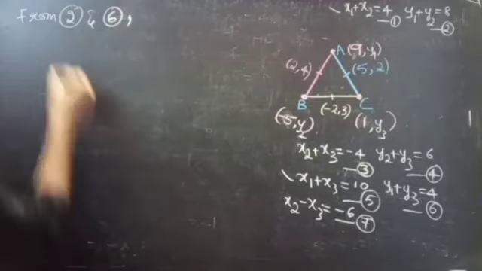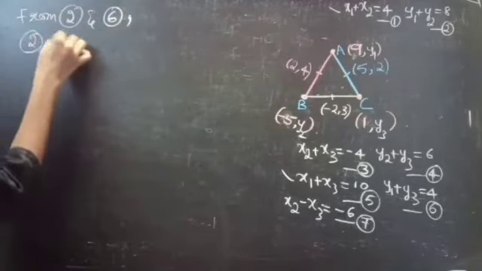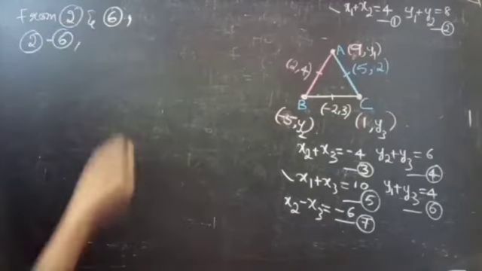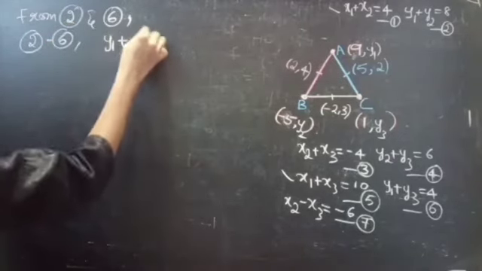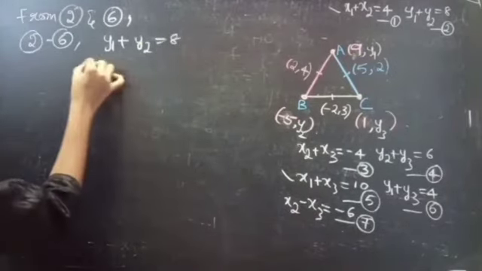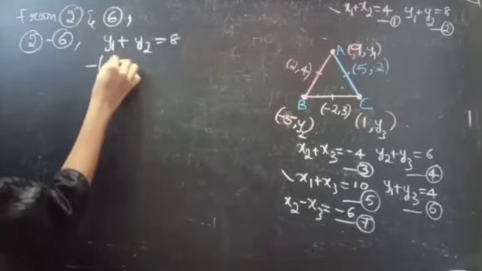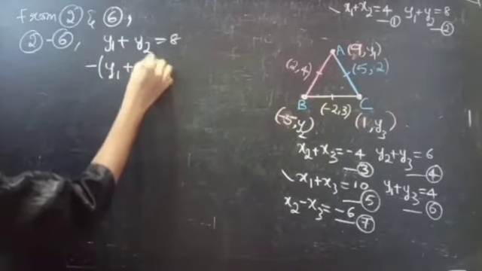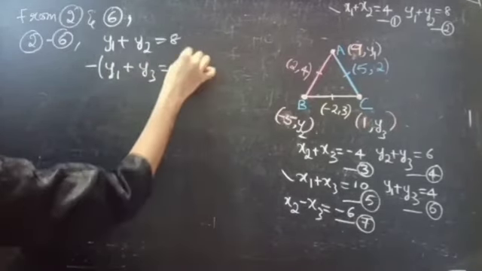From equation 2 minus equation 6: equation 2 is y1 plus y2 equals 8, and equation 6 is y1 plus y3 equals 4.